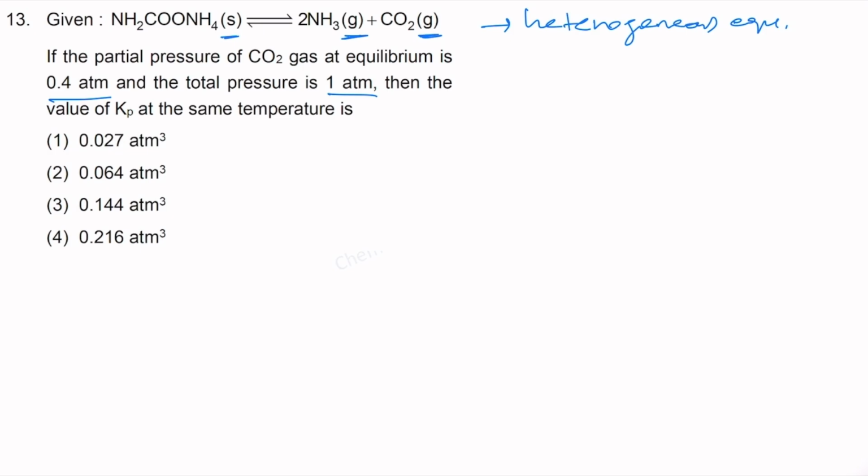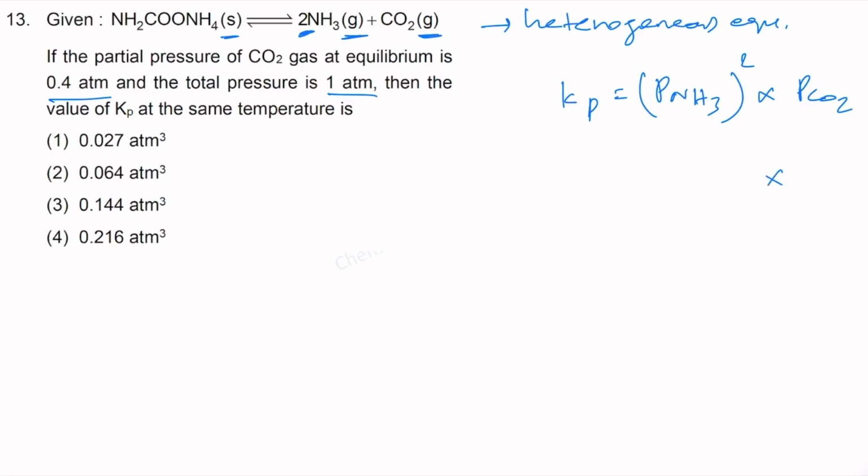Therefore, the partial pressure or the concentration of pure solids should be taken as a constant. Therefore, Kp in this case should be written as partial pressure of ammonia to the whole square, because we have the stoichiometric coefficient 2 here, times partial pressure of CO2.